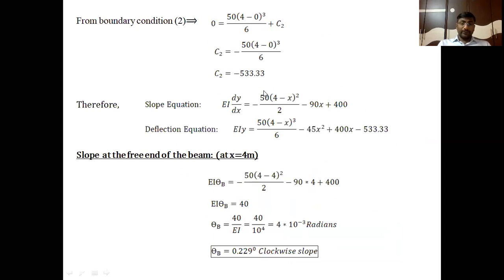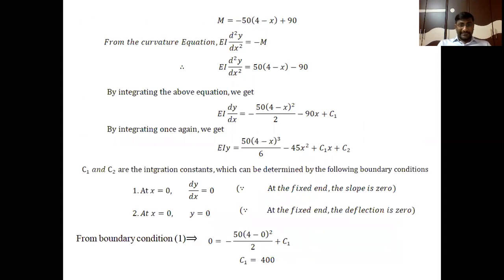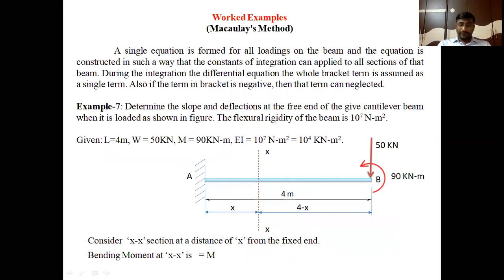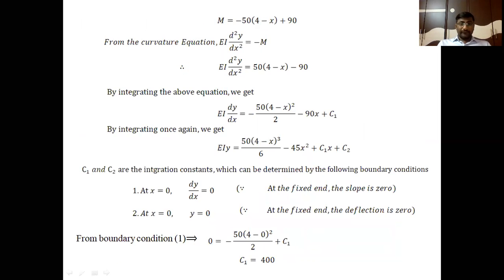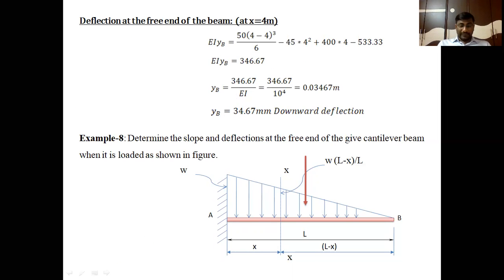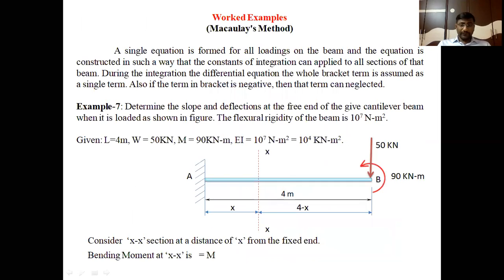Like this, you have to solve the problem by the Macaulay method. If you understand this problem, we can solve any type of problem by the Macaulay method. So you have to remember 3 or 4 points in the Macaulay method. First point is the bending moment equation is a single equation throughout the beam.